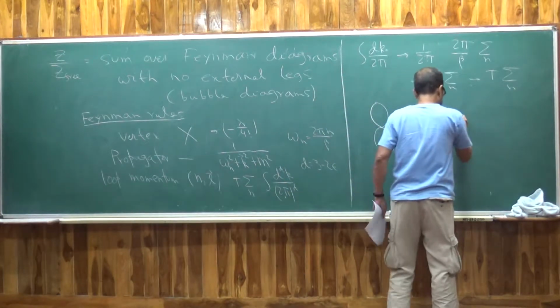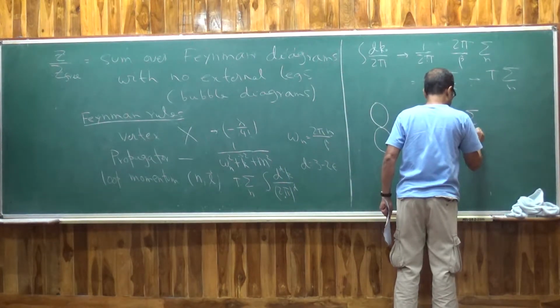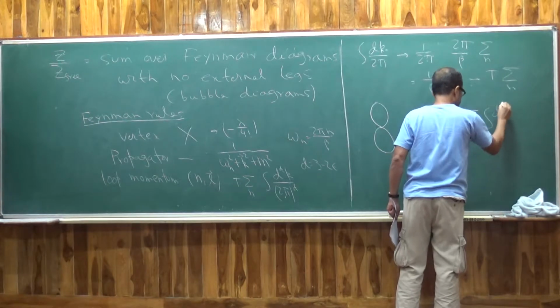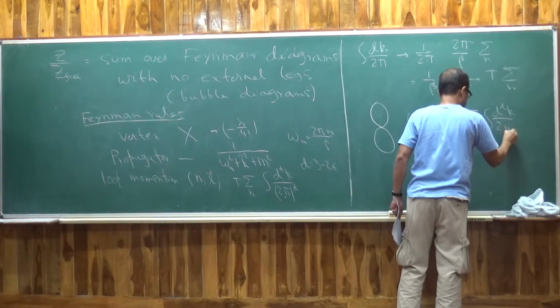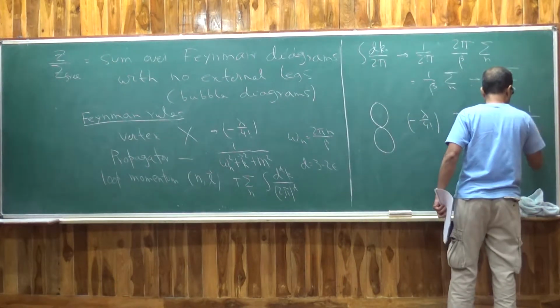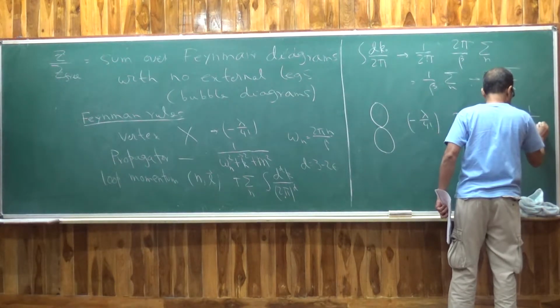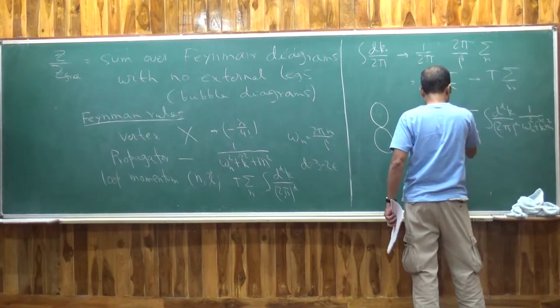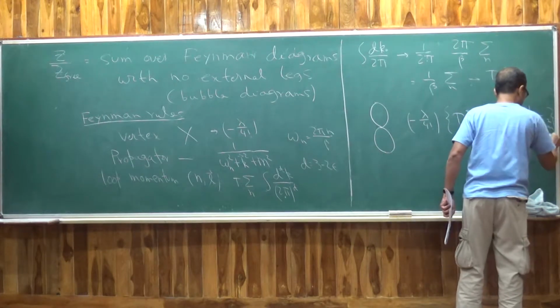So that's d times sum over n, integral d^dk over 2 pi, times T. Only one propagator, so 1 over omega_n squared plus k squared plus m squared. This whole thing will be squared.